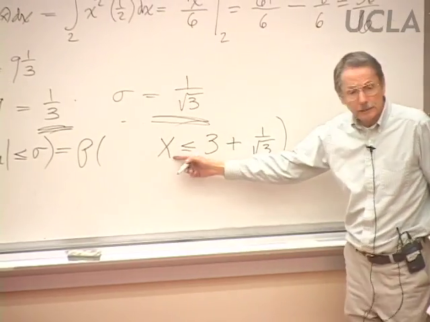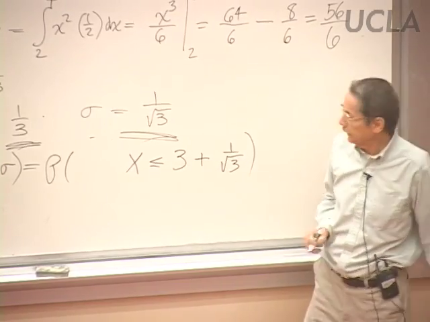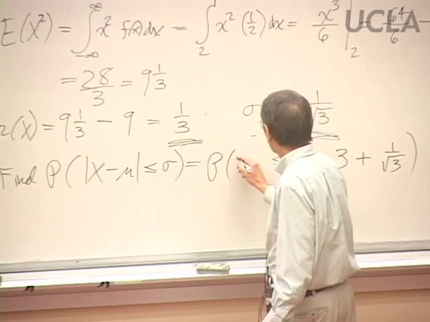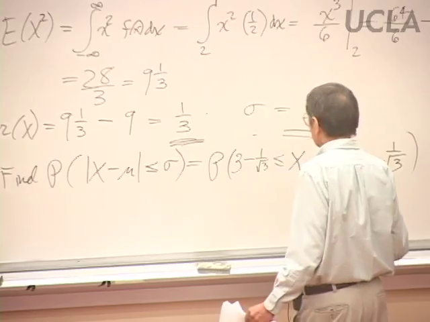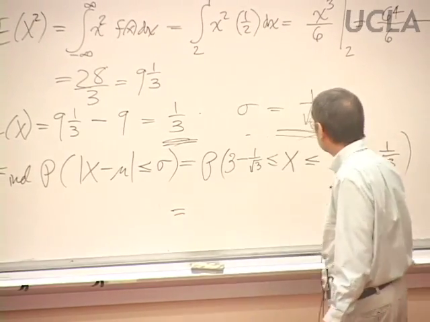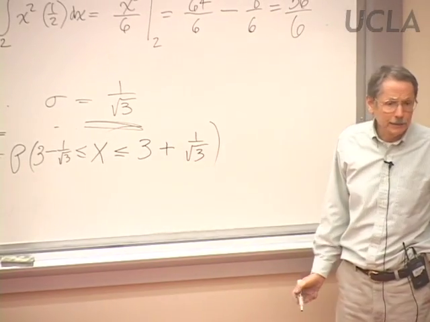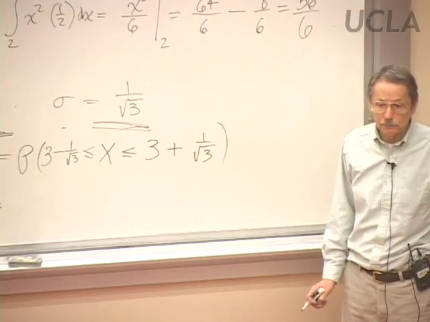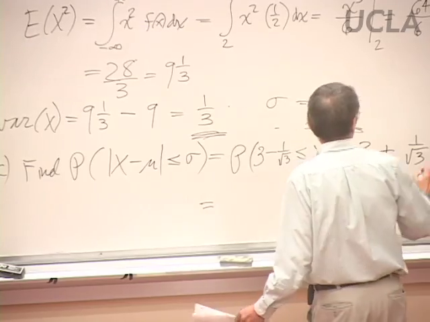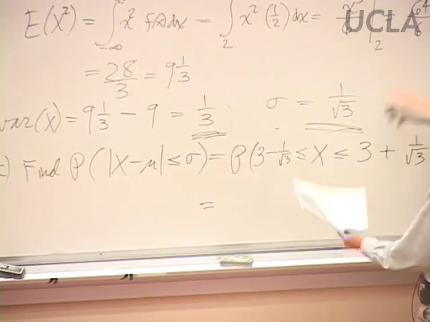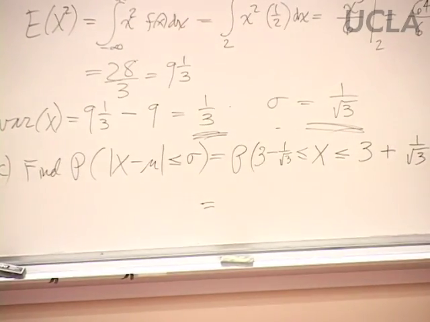So we want the probability that we get a measurement that is at most 3 plus 1 standard deviation and at least 3 minus 1 standard deviation. It's an integral, but since we're integrating a constant function, right in the picture, we're finding the area of a rectangle.